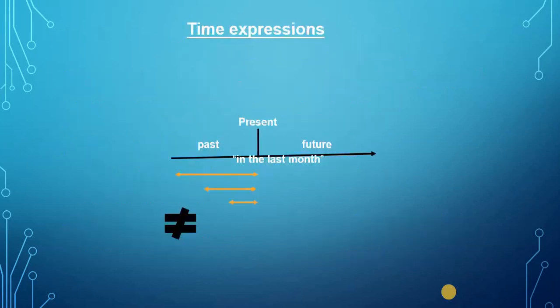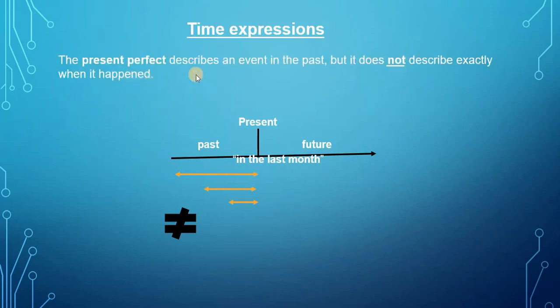Time expressions. In time expressions, the present perfect describes an event in the past, but it does not describe exactly when it happened.